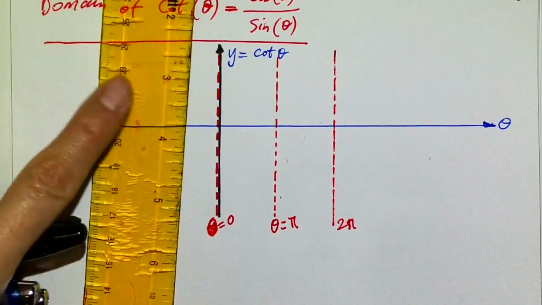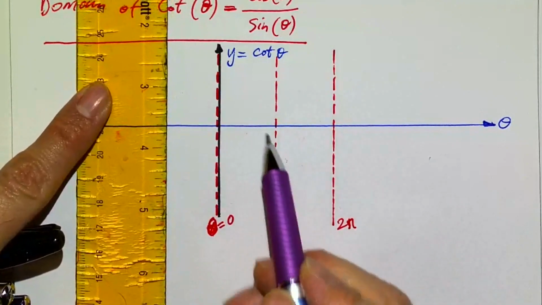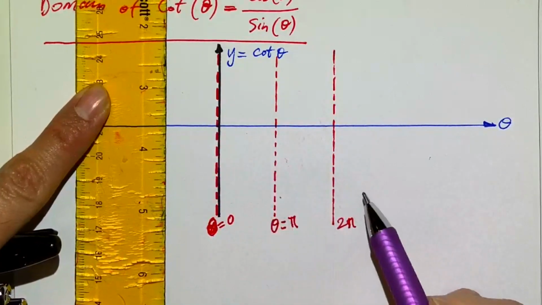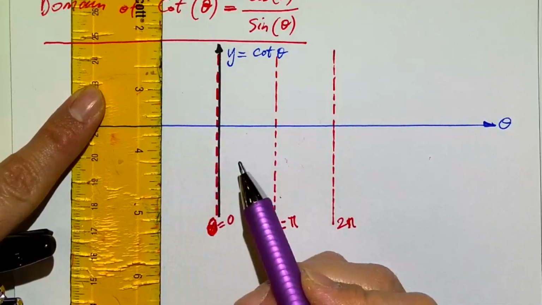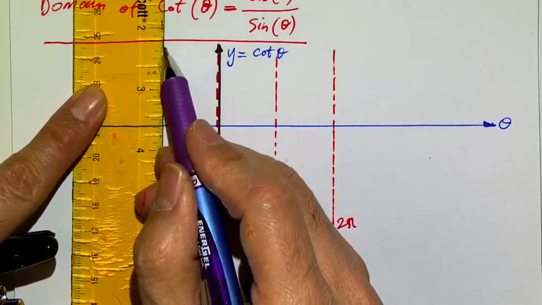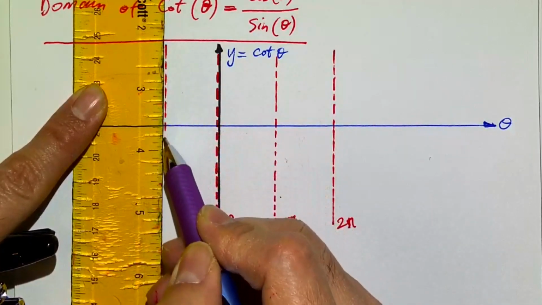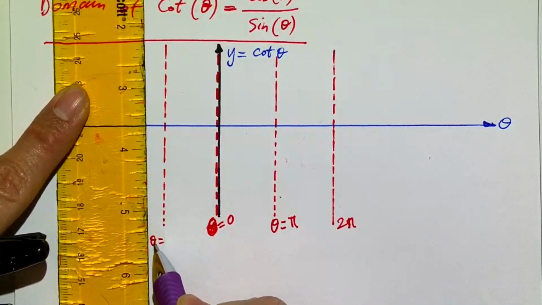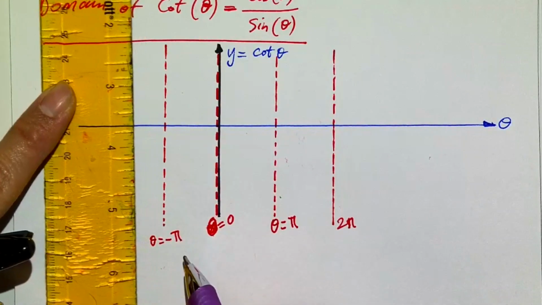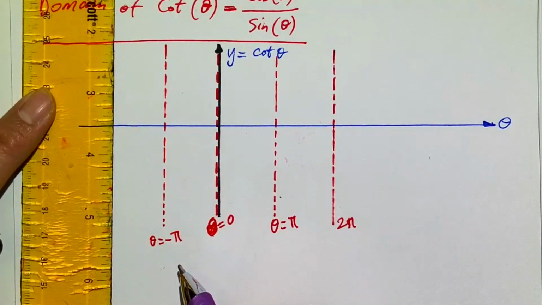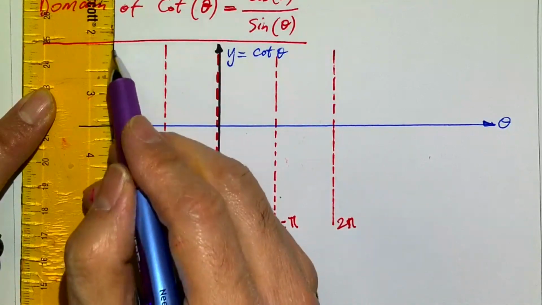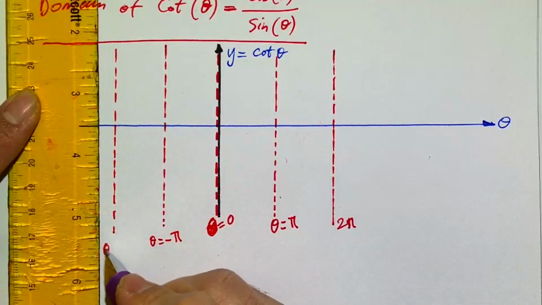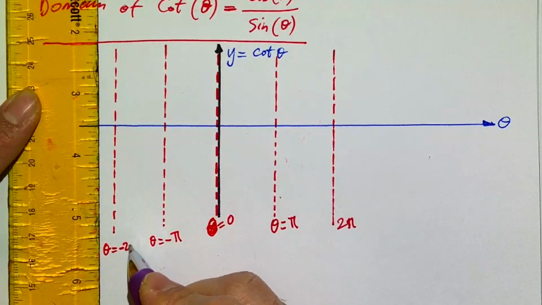These have to be equally distant from each other. From here to here and from here to here should be equal. And this would be theta equals minus pi. And one more, theta equals minus 2 pi.